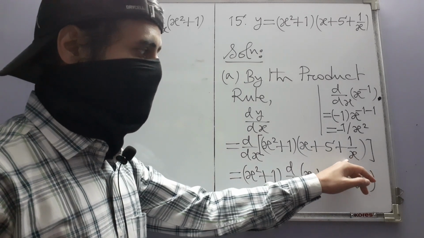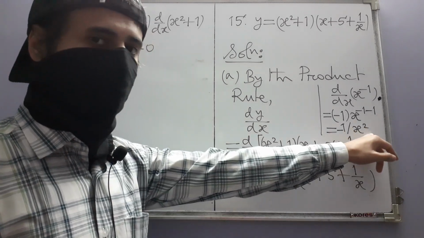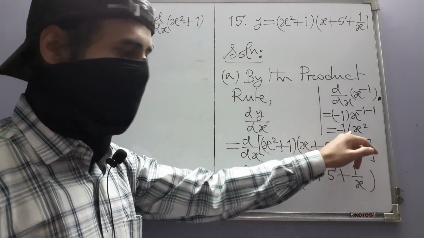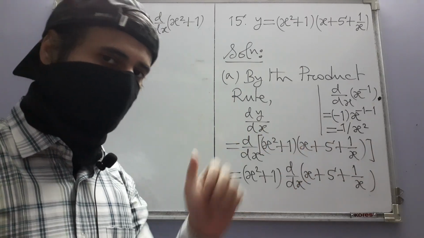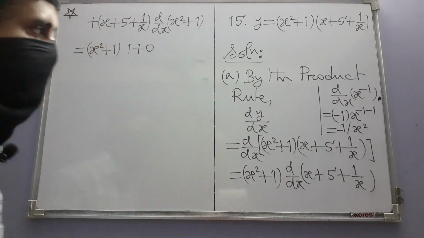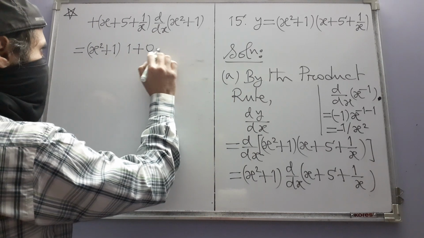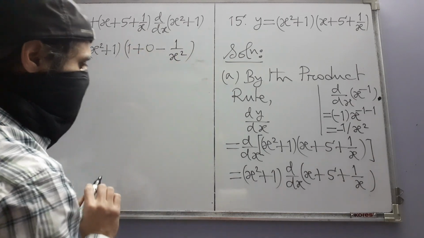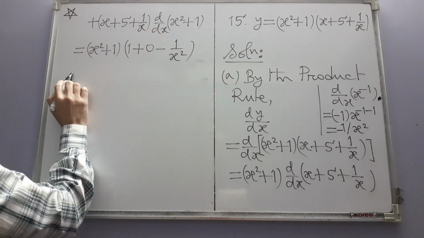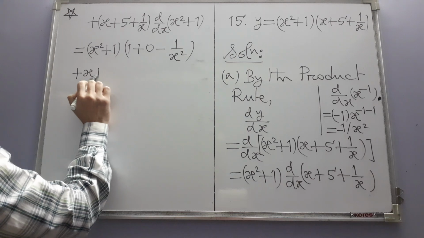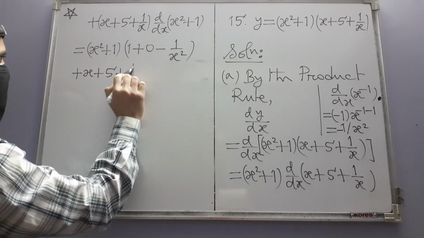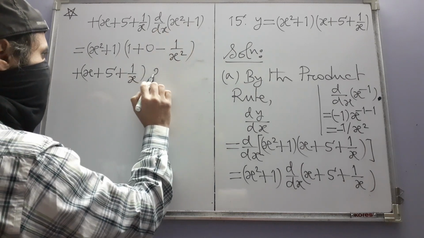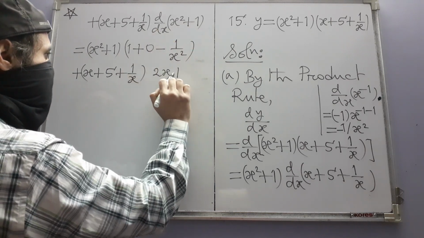I said the more you use it, the more easily you will remember. Actually, it's a good idea to at least remember the derivative of 1 over x. It is 1 over x square but with a minus sign. So minus 1 over x square, and then this one plus x plus 5 plus 1 over x times 2x plus 0.